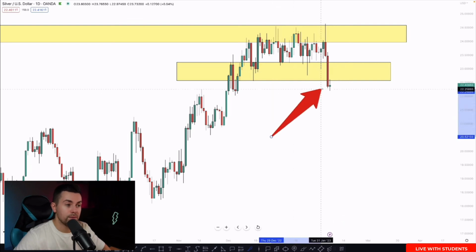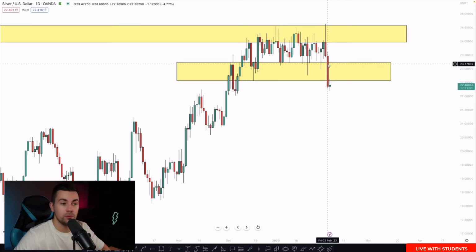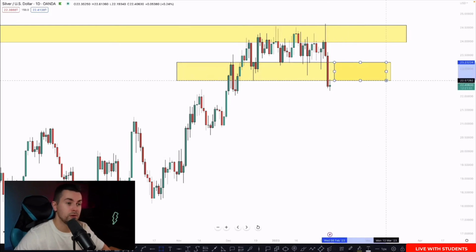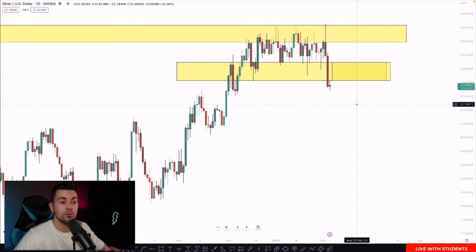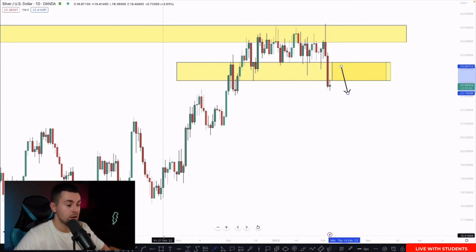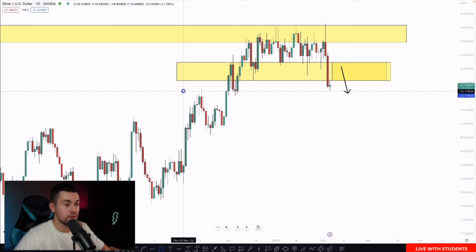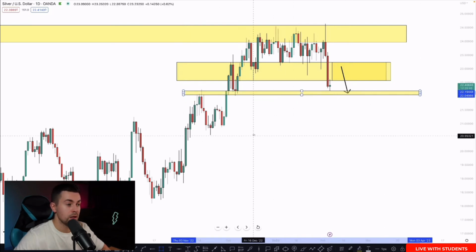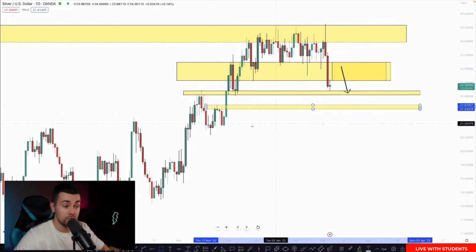And on Friday, the price violated the support of the range to the downside with this high momentum bearish candle. So now the broken support of the range turned into resistance. Now it is a resistance cluster, and I believe, traders, that after a retest of that, silver will keep falling. We will retest that structure over here, and then if the price breaks that to the downside, we will drop to that support.